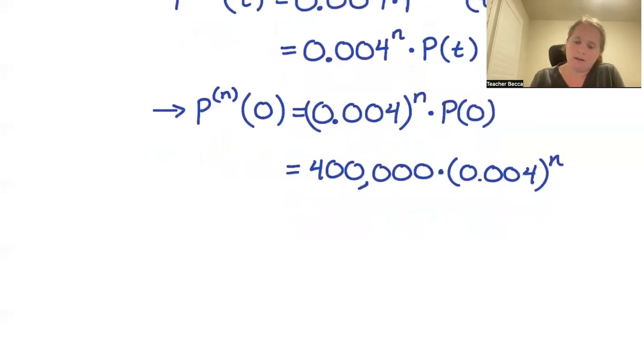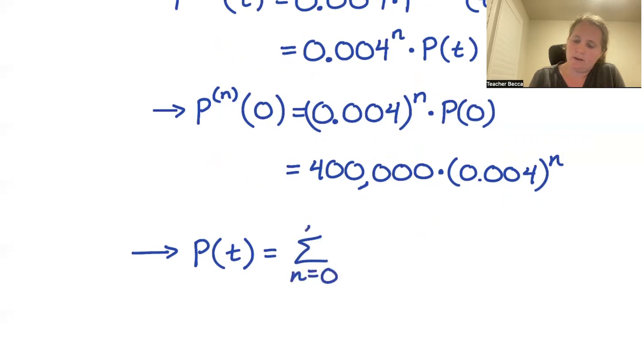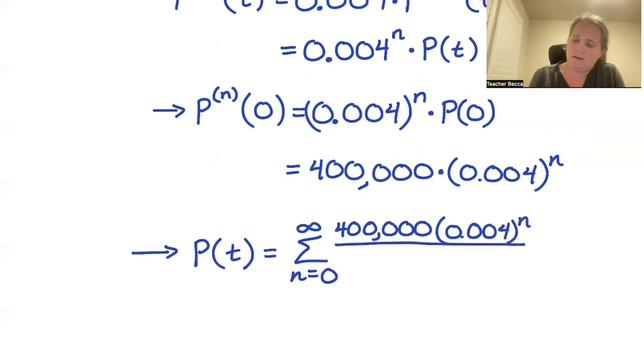And we had gotten that p of t was equal to the sum from n equals 0 to infinity, therefore, of 400,000 times 0.004 raised to the n, all over n factorial, times t to the n.